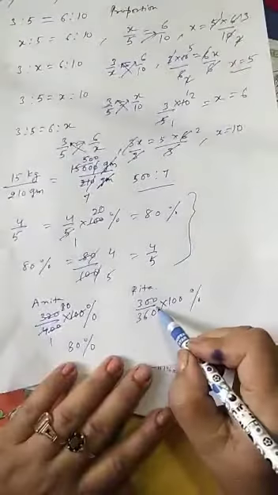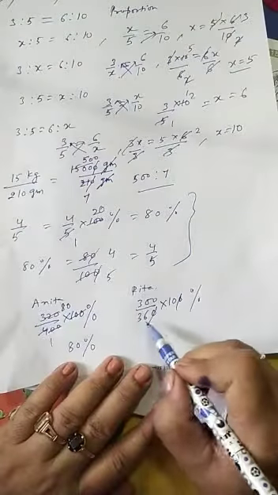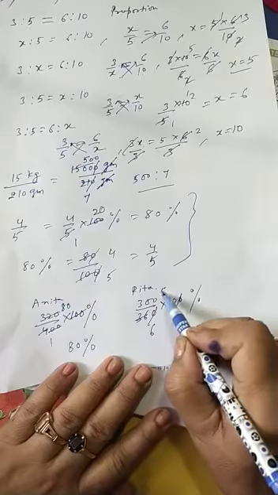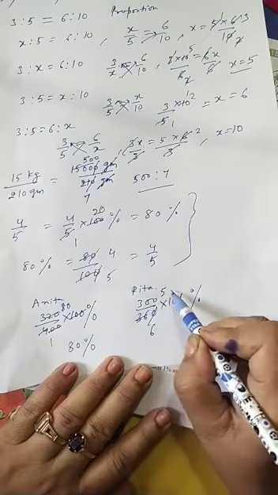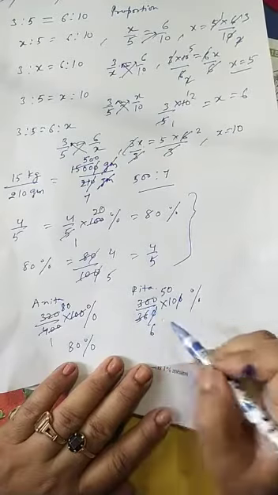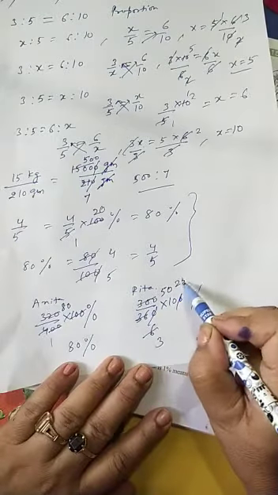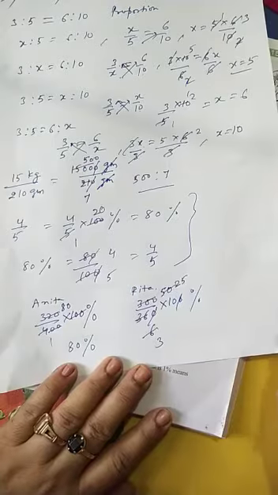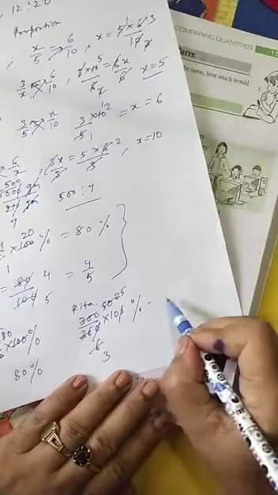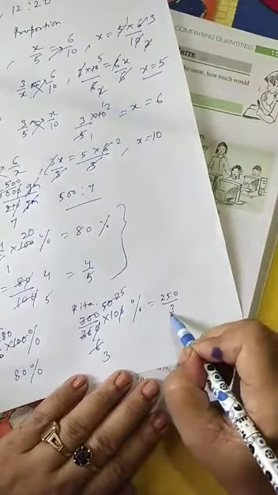Now here 1 0 cancel. 6 6s are 36, 6 5s are 10, 6 5s are 30, 0. Then 2 3s are 6, 2 25s are 250 upon 3. So 250 upon 3%.